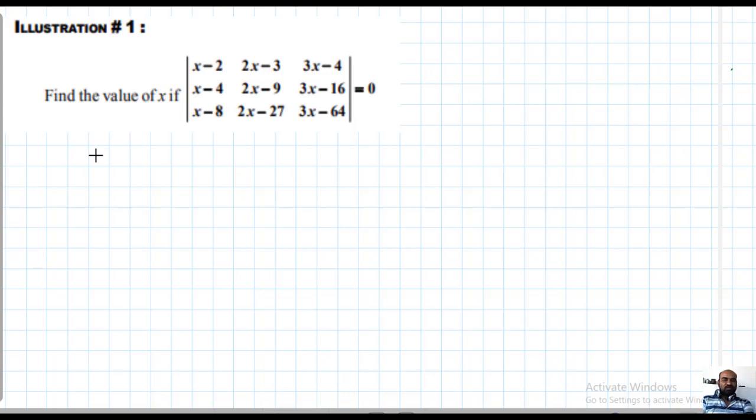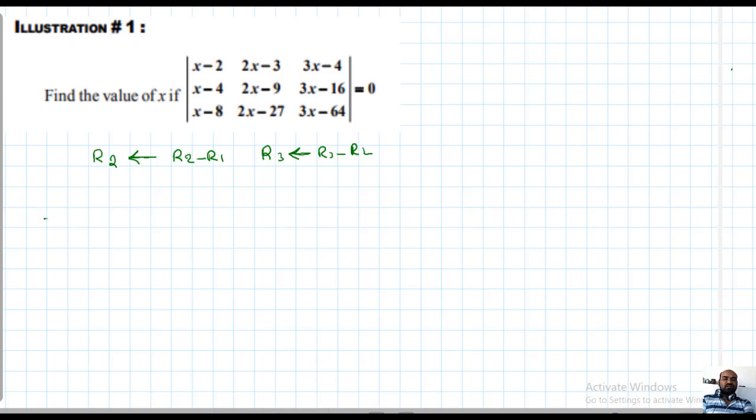First of all, I am changing r2 to r2 minus r1. Again I want to change r3 also, that is r3 minus r2. r2 means previous r2.